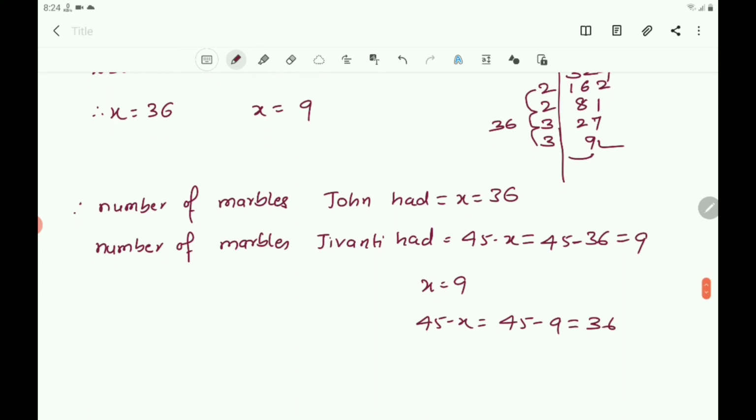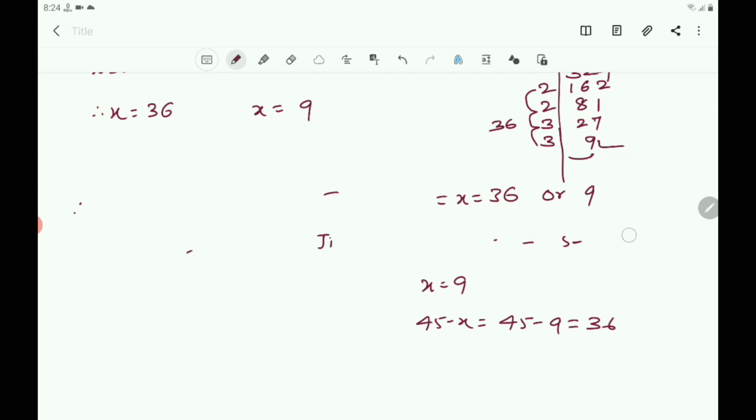So you can have the number of marbles John had, x equals 36, or 9. Otherwise you take the number of marbles they had as 36 and 9. Because the x values are 36 and 9, you can write any value for x.